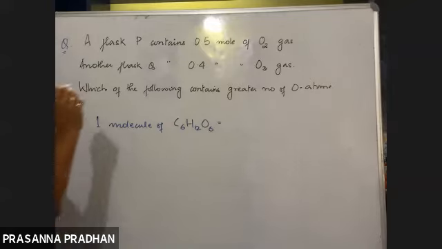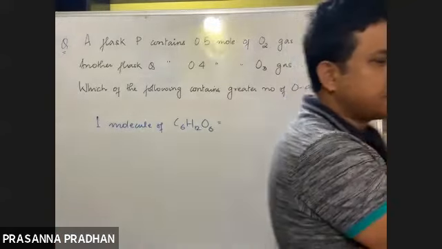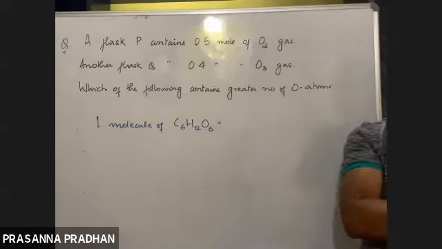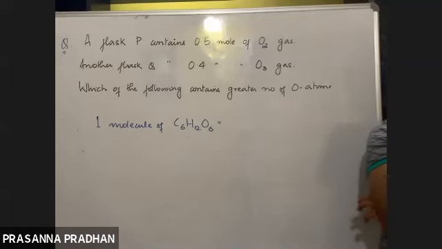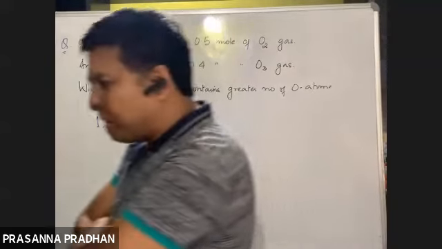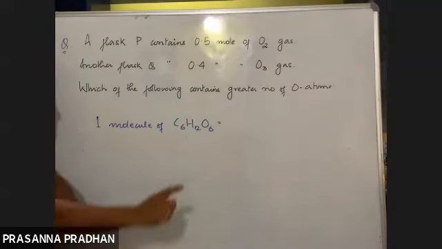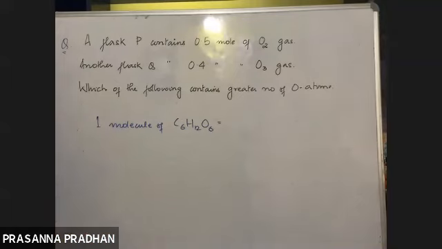What information does molecular formula give us? We have been doing molecular formula since class 8, so we should be knowing. Can any one of you give me a lead? So molecular formula is a formula which gives us the exact number of atoms present in a molecule.